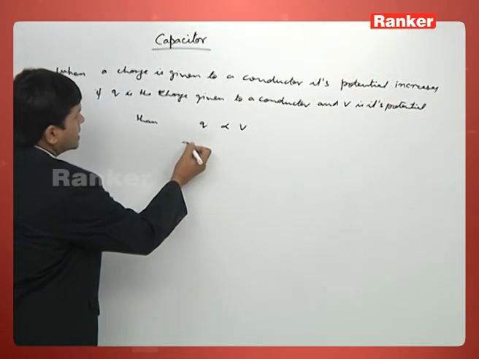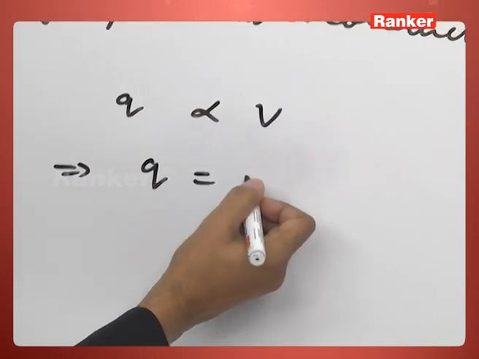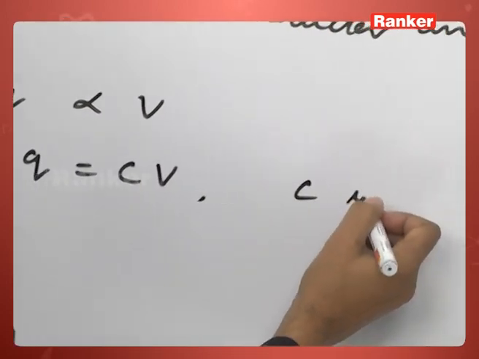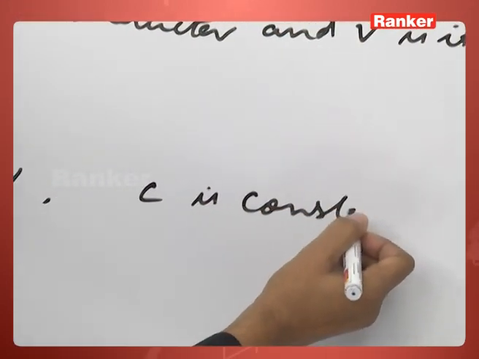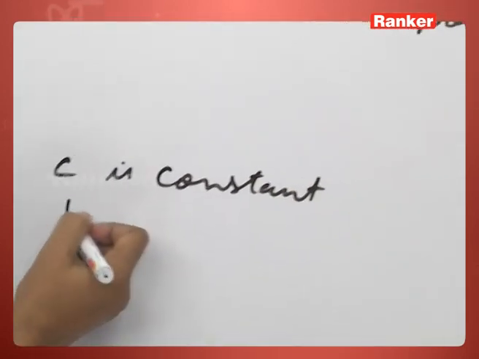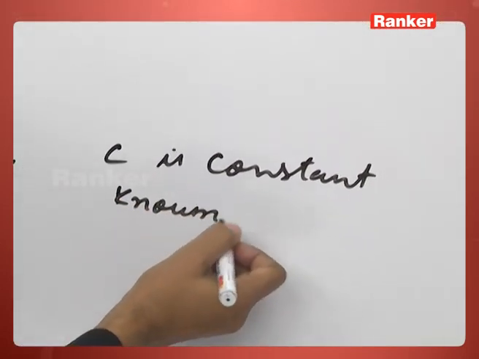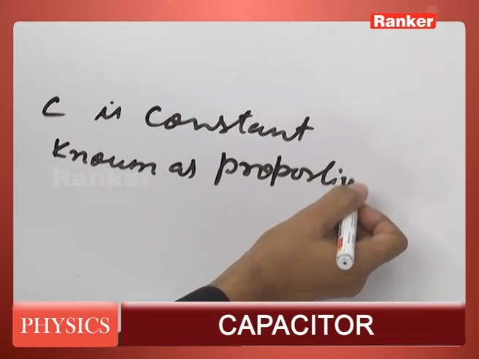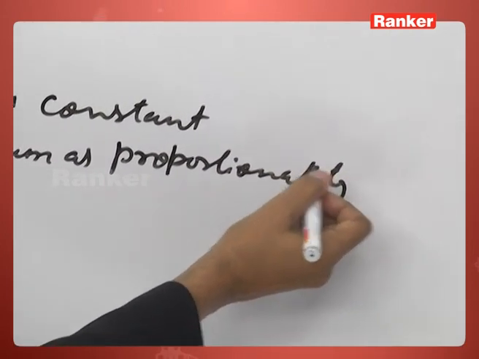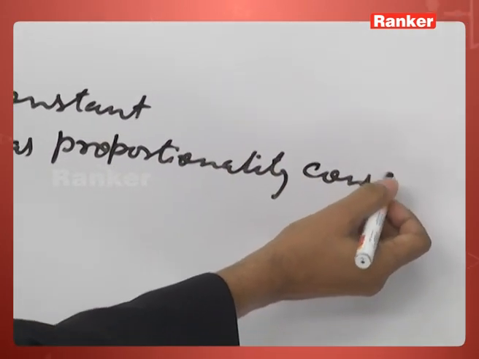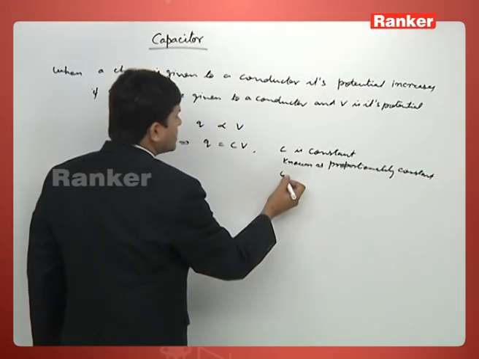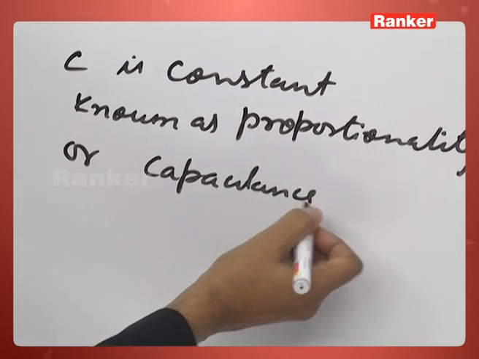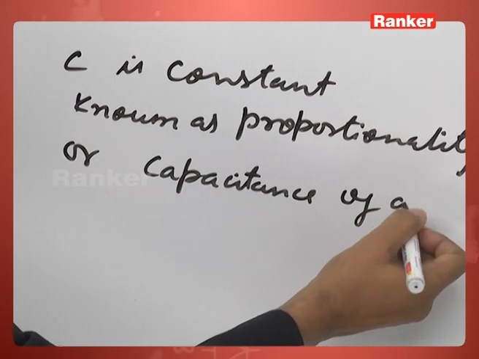And when we remove the proportionality sign, we will get one constant, where C is the constant, known as the proportionality constant, or it is also called capacitance, the capacitance of a conductor.